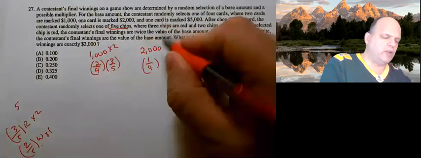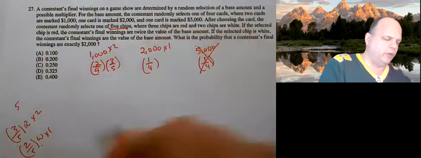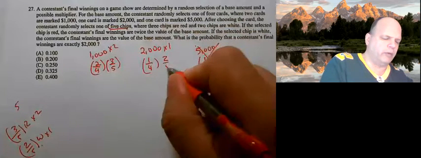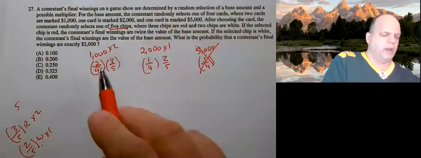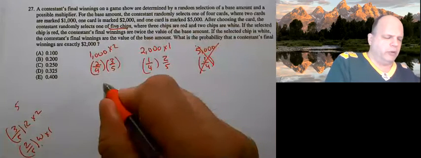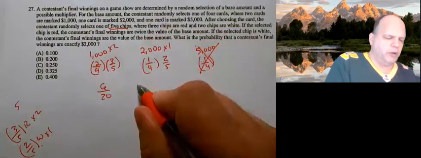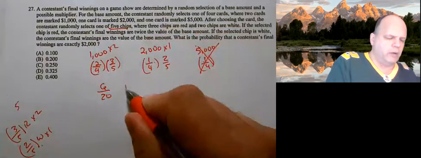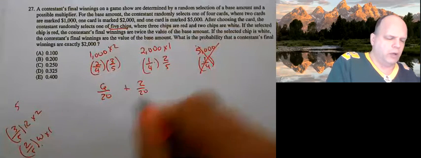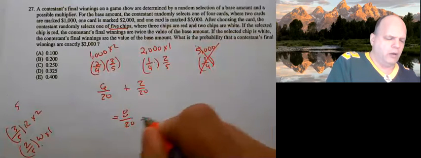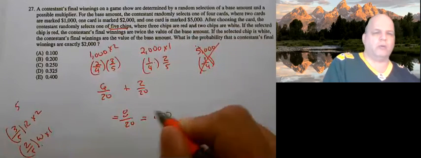If I draw a white chip, this is times 1, that stays 2,000, and the probability of doing that is 2/5. Well, this becomes 6 over 20. This becomes 2 over 20. That equals 8 over 20, which is 0.40.